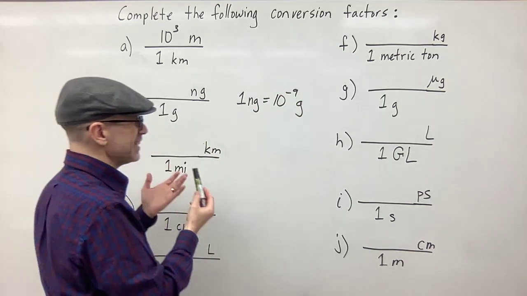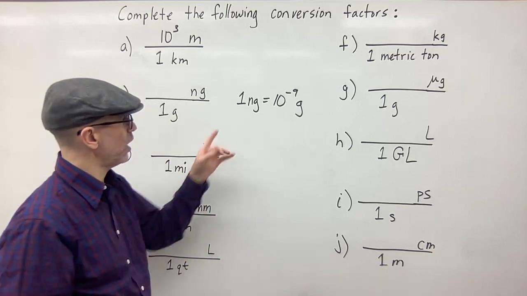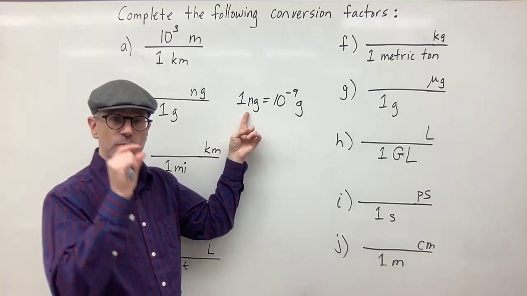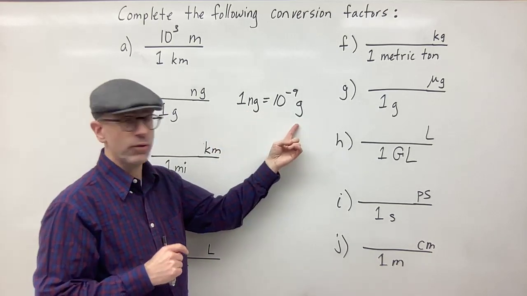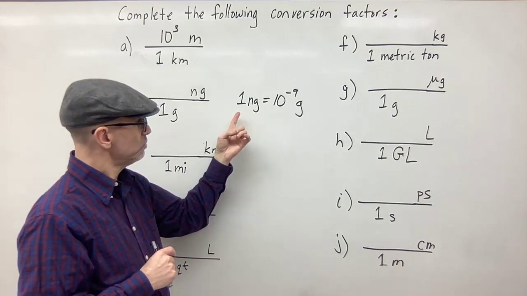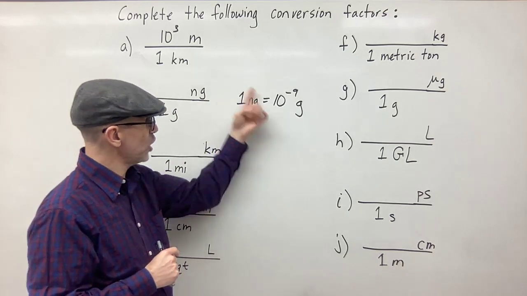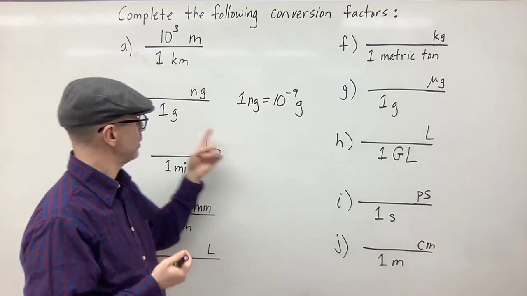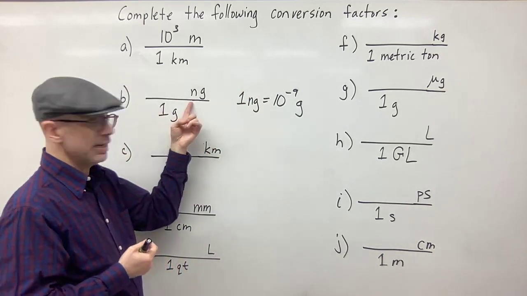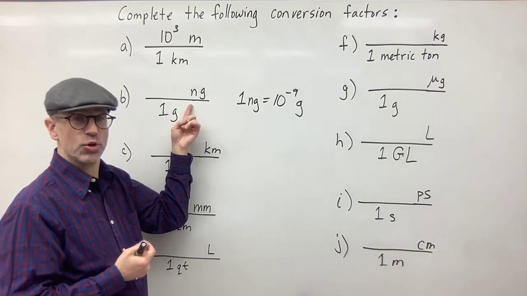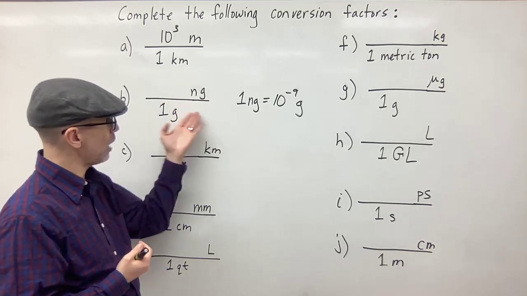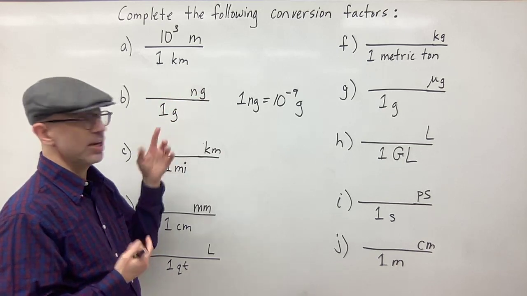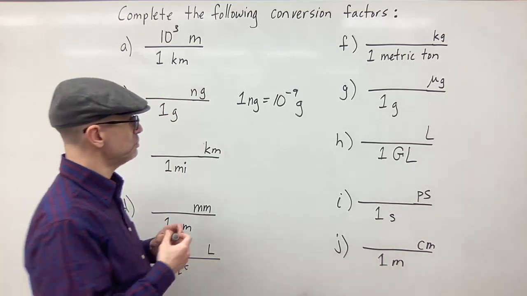That's easy to remember if you can remember that nanograms is a smaller unit compared to grams. So I need to know how many of these are going to fit into 1 gram. Nanograms are much smaller than grams. So how many of these are going to fit into this? It's got to be a positive number.